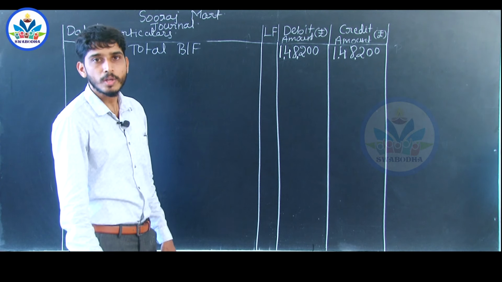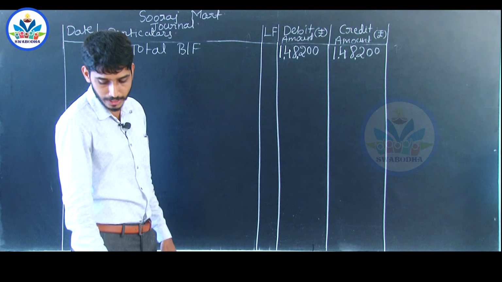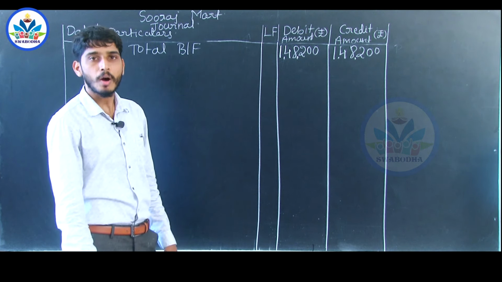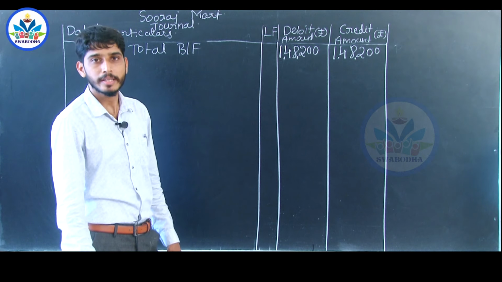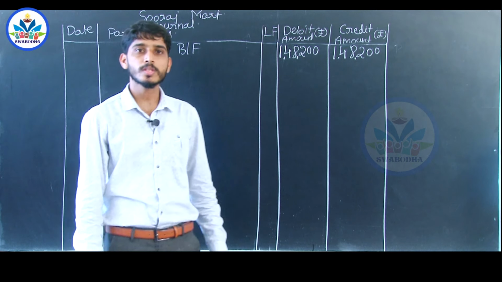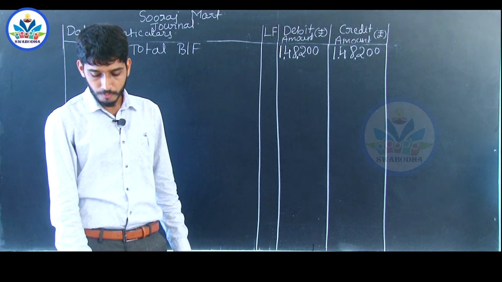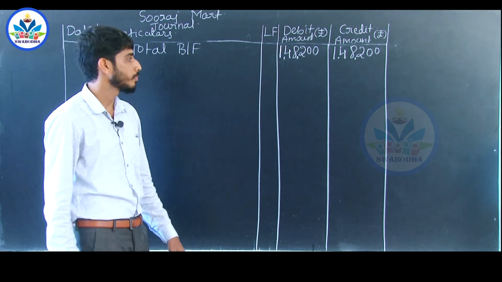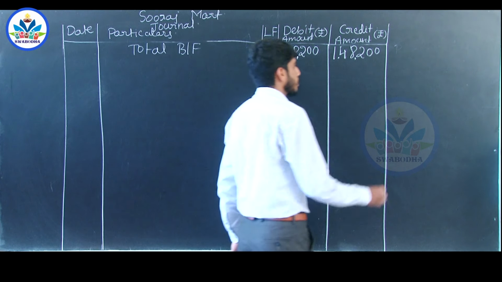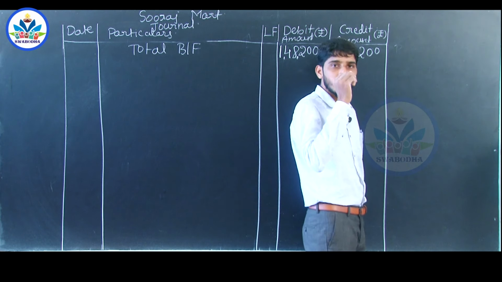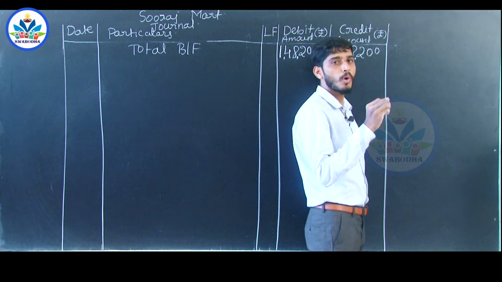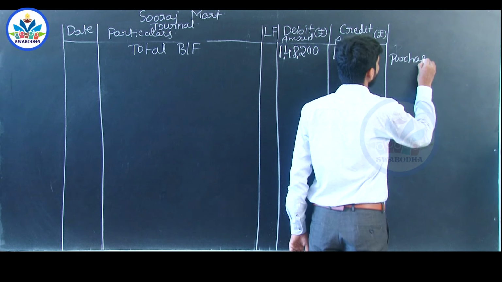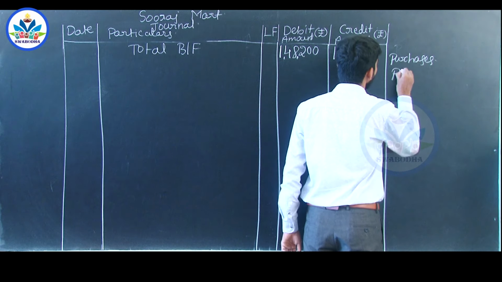Next transaction on 10/4/2014, purchased goods of rupees 20,000 on credit from Ritu. So, the two accounts involved in the transaction are purchases and Ritu.